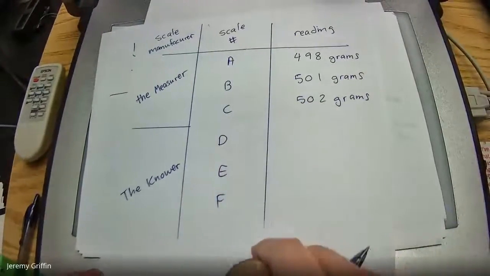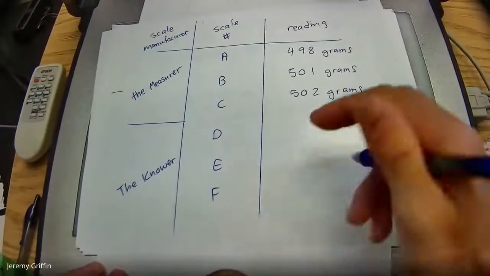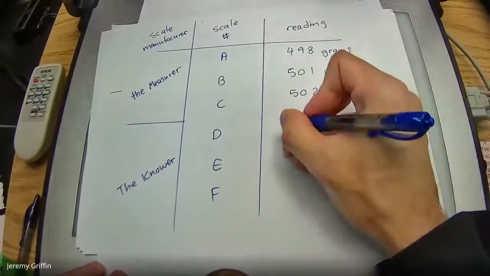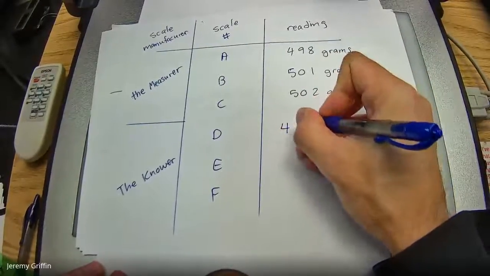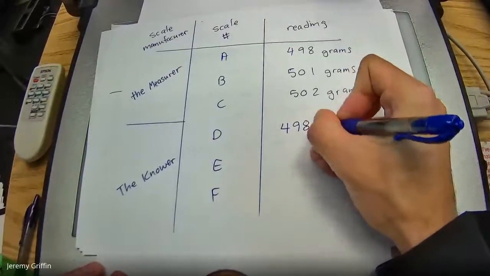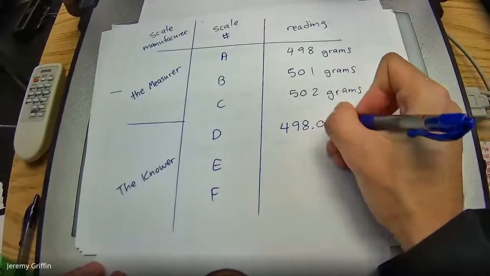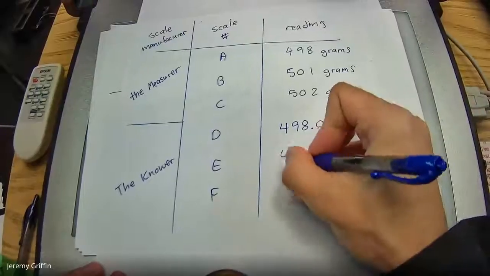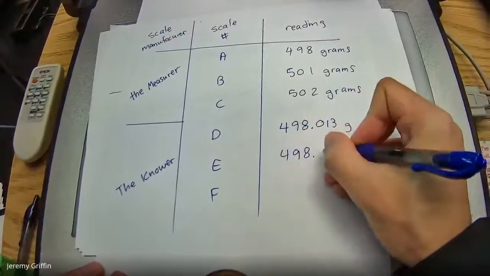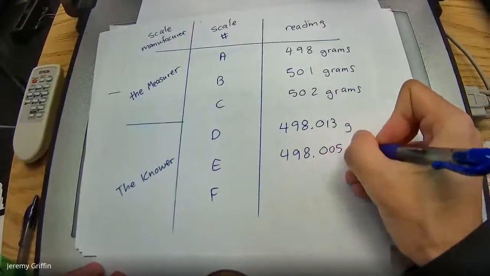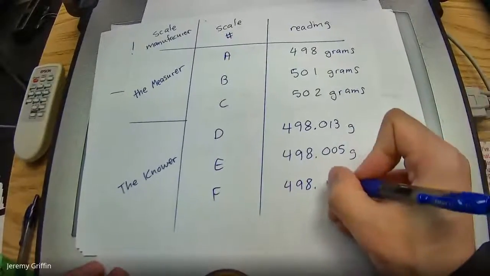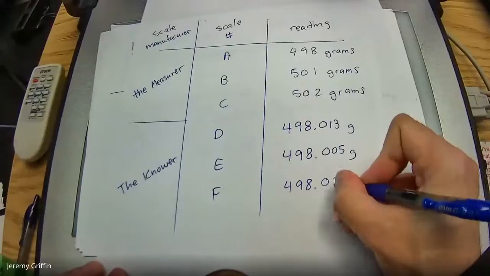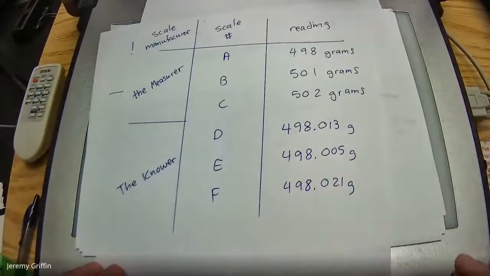Now I'm going to bring up the knower scales, and the readings show up more like this. I get 498.013 grams, 498.005 grams, and 498.021 grams, something like that. Okay.